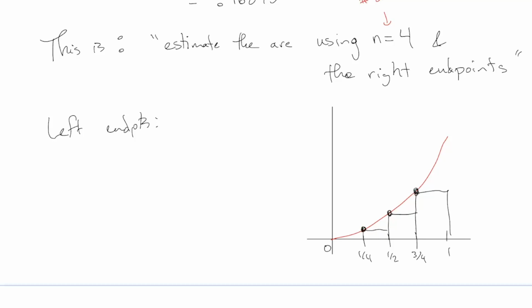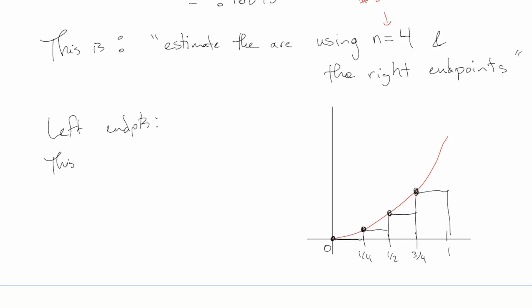Each time the rectangle goes up until it hits the curve on the left side. And then the leftmost rectangle is kind of a stupid rectangle of height 0. It just doesn't go anywhere, but I can imagine it as a rectangle of height 0. All right? But anyway, we can still add up the area, and it's going to look almost exactly the same.